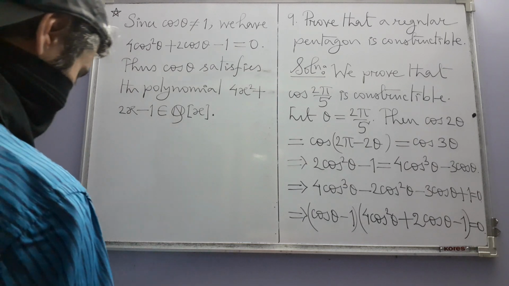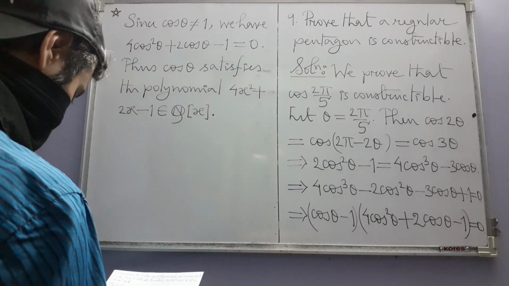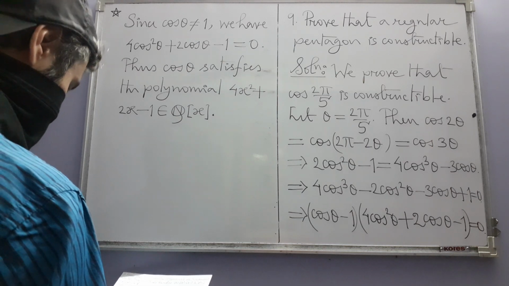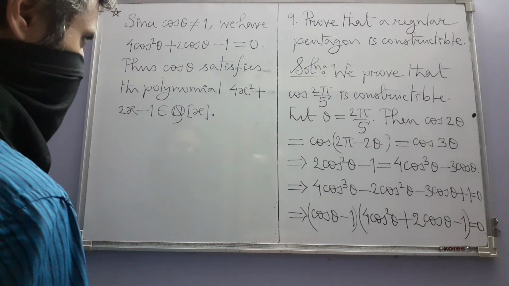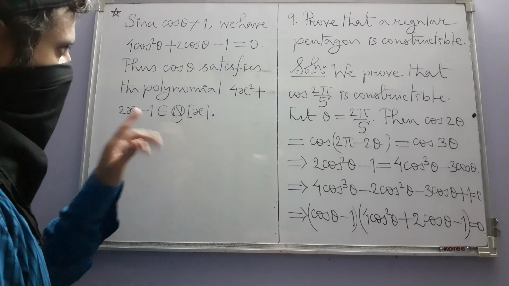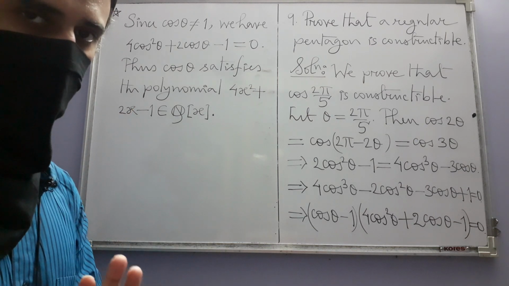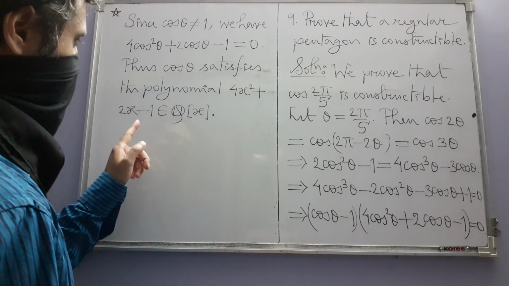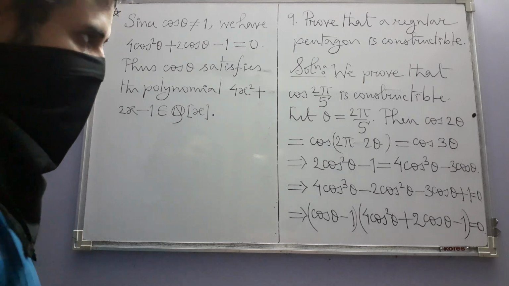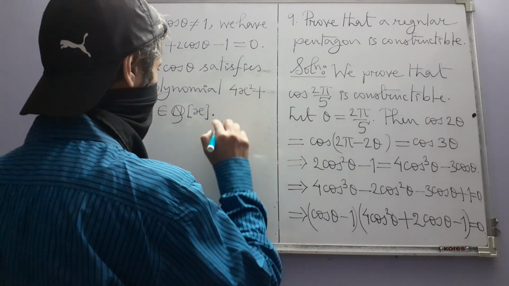Now next comes the question of its roots. Why its roots? Because just now we have shown that cos theta is a root of this polynomial, and it's a quadratic polynomial, so it's a simple matter to find its roots. We have a formula for that.